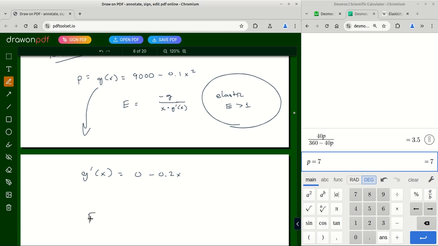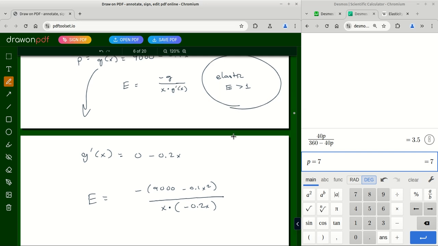And so my E formula in this case is going to be the negative of the original, 9,000 minus 0.1x squared, divided by x times negative 0.2x. Cool. So they want to know when this is greater than or equal to 1.